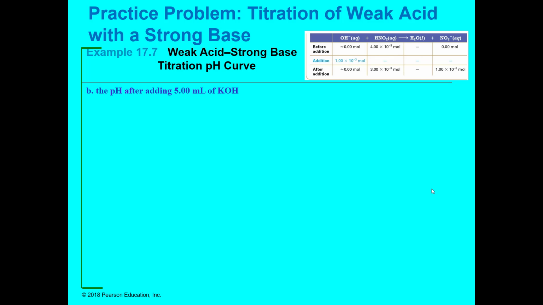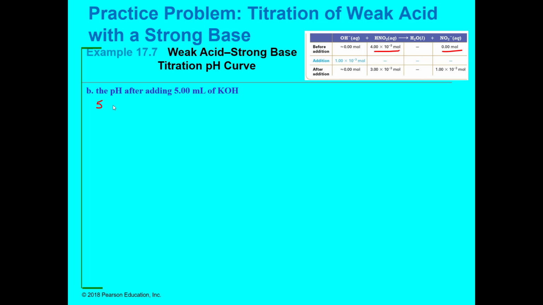Okay? Part B of that, the pH after adding 5 milliliters of KOH. So the KOH, and then this is the disappearing trick, right? So we have 4 times 10 to the minus 3 moles of HNO2 and 0 salt when we start. We're adding 5 milliliters of KOH to the mixture.